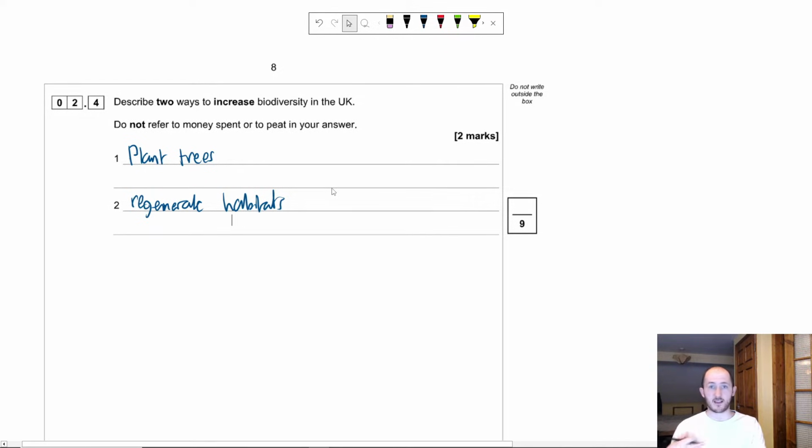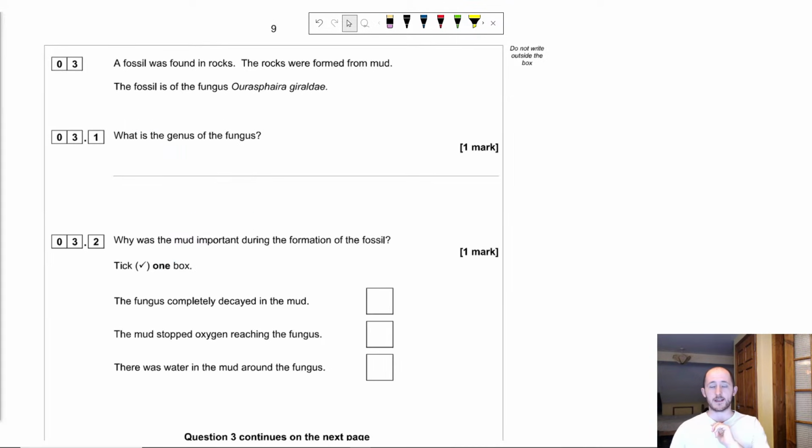The 3 marks on the math I think is quite nice, especially because, you know, we're all maths pros on this channel. This next question is all about classification, which is quite painful for a lot of students, and I don't blame you. It's very technical, and it's a lot of memory, and it kind of sucks. But in terms of the classification, this first part is always the genus.